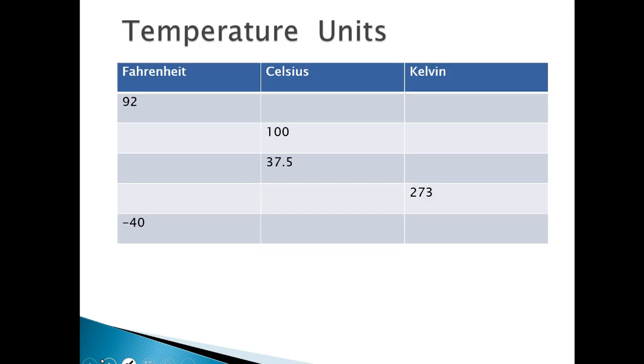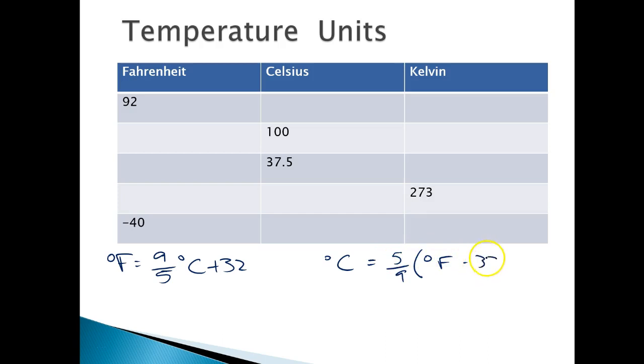All right, so let's remember our equations. So to find degrees Fahrenheit, we take 9 over 5, or 1.8, multiply by degrees C, and add 32. To find degrees C from Fahrenheit, we take 5 over 9, and we multiply by the quantity of the Fahrenheit, subtract 32, but the parentheses are very important.